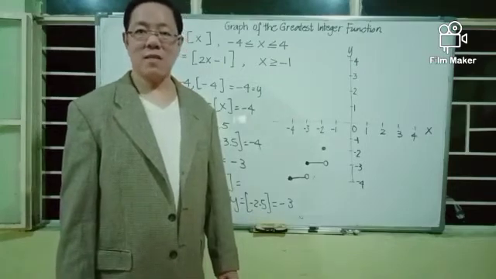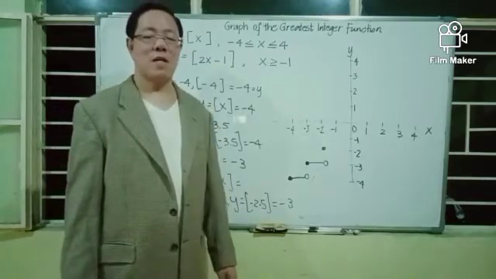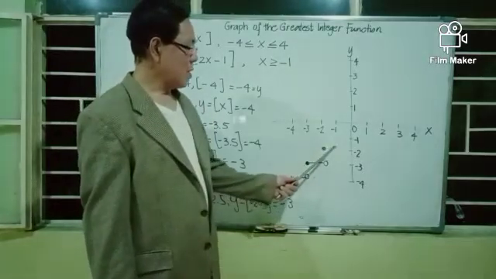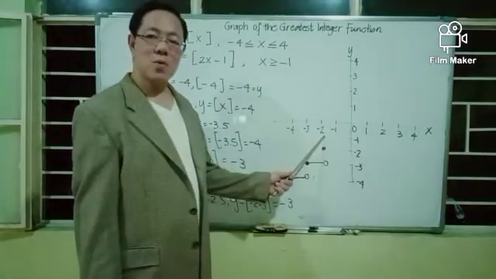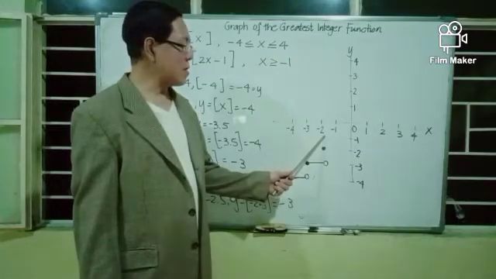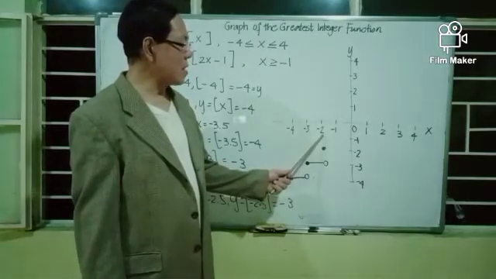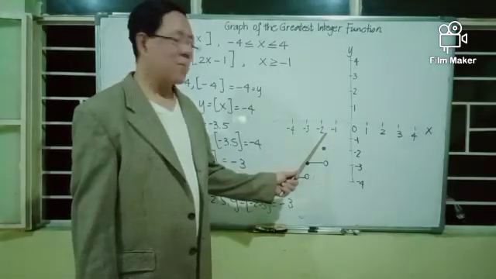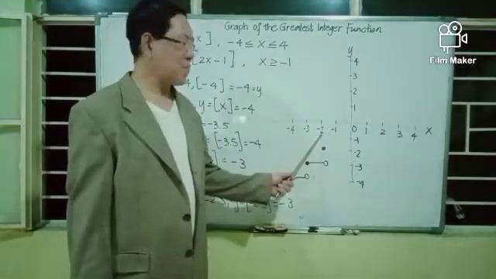The greatest integer less than negative 1.5 is negative 2.